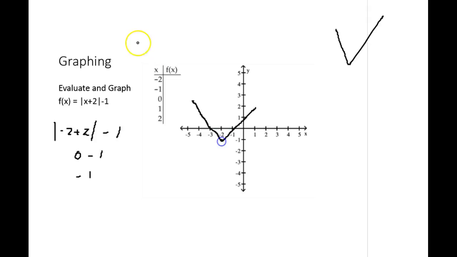We nailed it. Negative 1 plus 2, absolute value of that minus 1. Negative 1 plus 2 is a positive 1. The absolute value of positive 1 is 1. Minus 1 is 0.